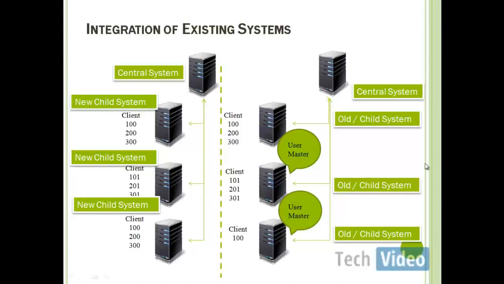In an older or existing system, let's say the central user administration is installed at a later time, after you have user master or decentralized user administration. The existing users of the infrastructure must be copied to the central system. This process is what we call migration. Users are identified in the child system, copied to the central system and adjusted accordingly.